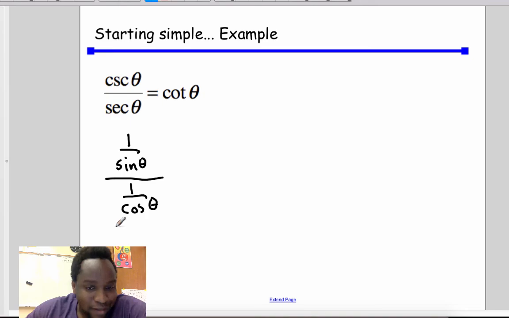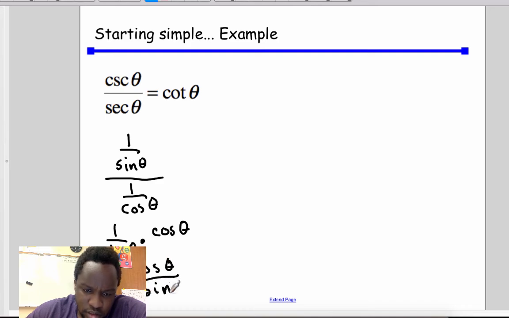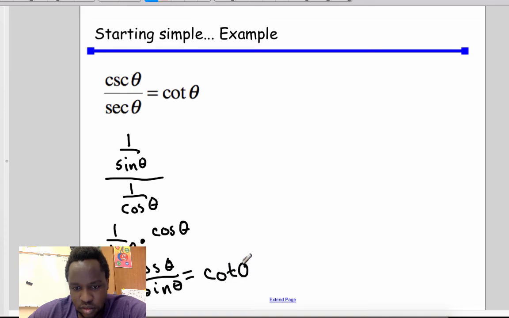Dividing is like multiplying by the reciprocal. So I'm going to have 1 over sine theta times cosine theta over 1. And then this is equal to cosine theta over sine theta, which is equal to cotangent theta.